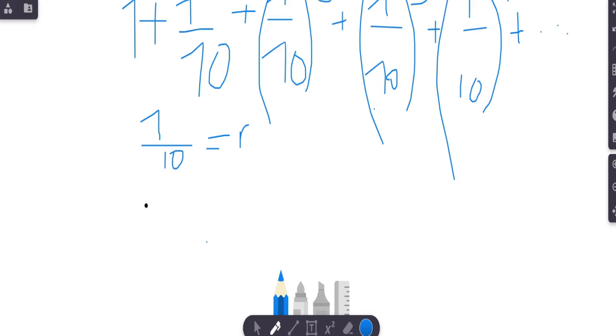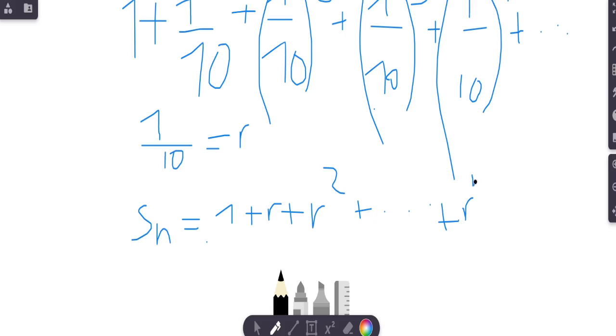So we are going to write Sn equals 1 plus r plus r squared plus, until r to the n minus 1, plus r to the n.